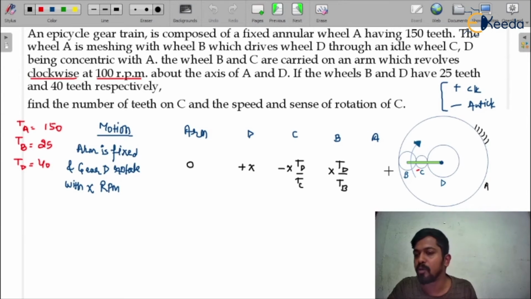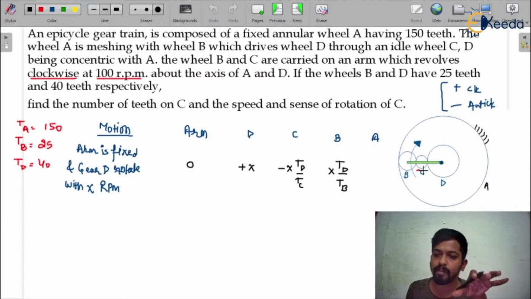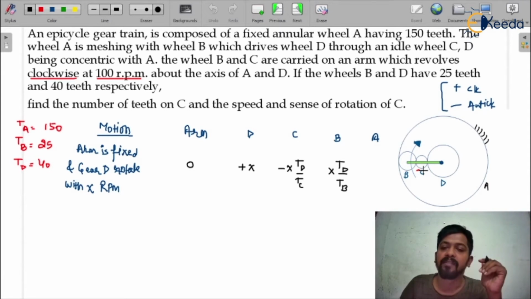And now we just have to calculate the speed of the gear A. Now see here, this is important, because gear A is internally meshing with gear B. The teeth of the gear A are internally in meshing with the teeth of the gear B. So whatever the direction of the gear B would be, that would be the direction of the gear A. That means if gear B rotates in clockwise direction, gear A will rotate in the clockwise direction.